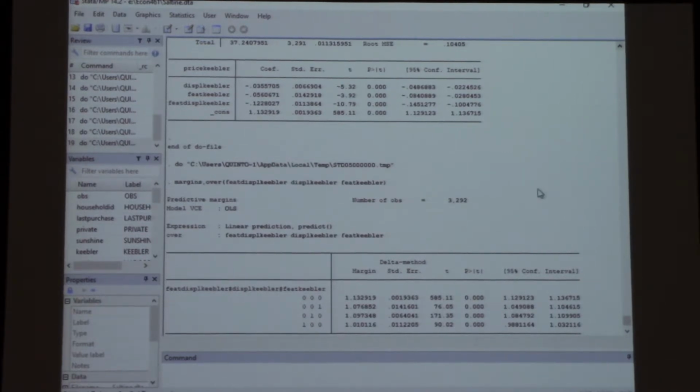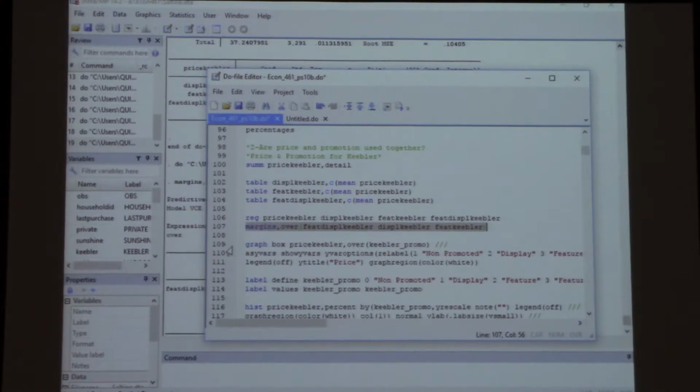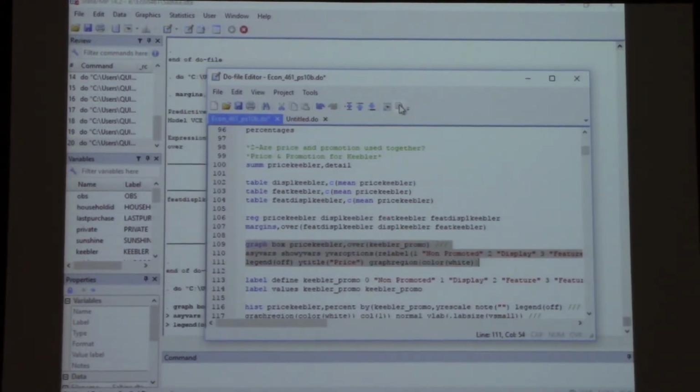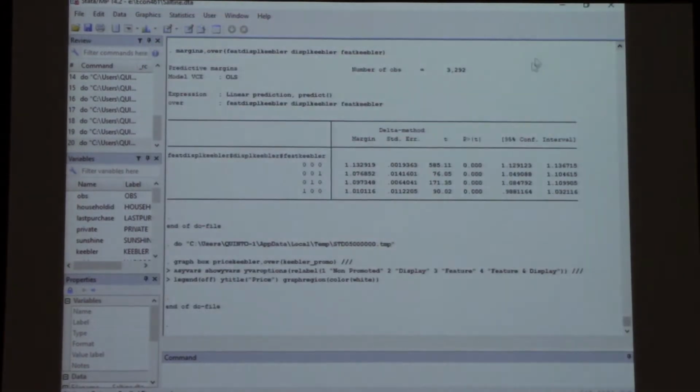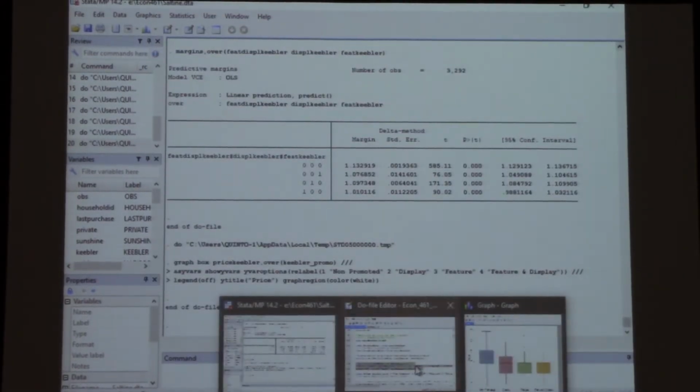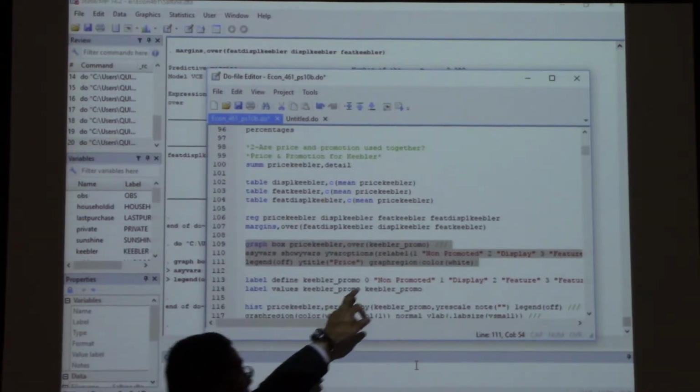All right, visual, and we can use a graph, box plot. And again, notice I used, let's see, box price. I used that variable that I created.